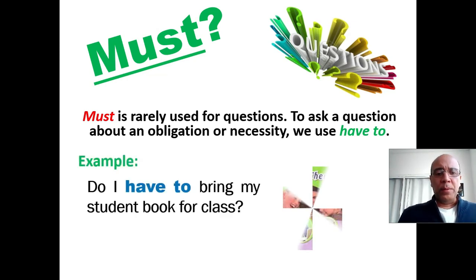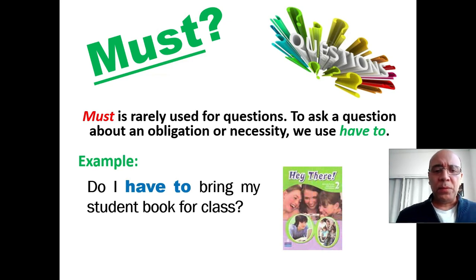Example, Do I have to bring my student book for class? I mean, am I obligated to bring, is it necessary to bring my student book for class? Of course, student, of course you do. Do I have to bring?